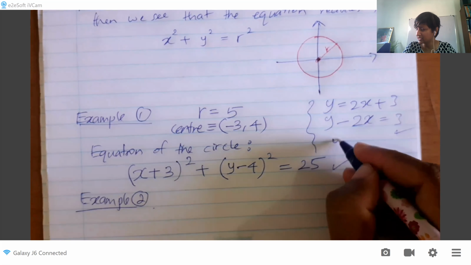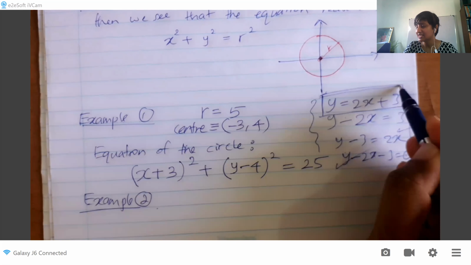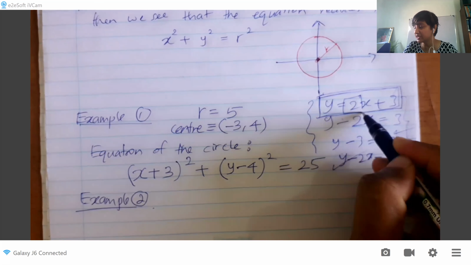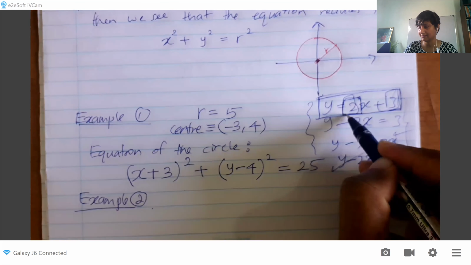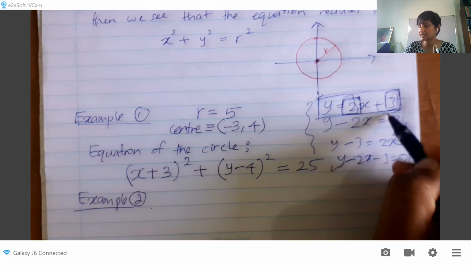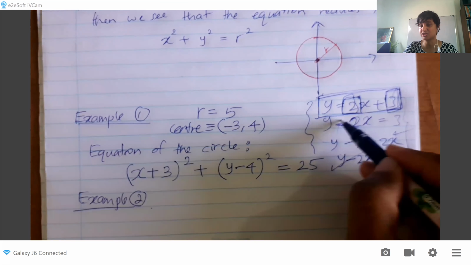But this is called the y equals mx plus c form. Why have we given special names to these? Because in those forms, you readily have certain information embedded into it. This is readily the gradient. This is readily the intercept. But when you move them around, now the sign has changed, so -2 is not the gradient, it's 2.